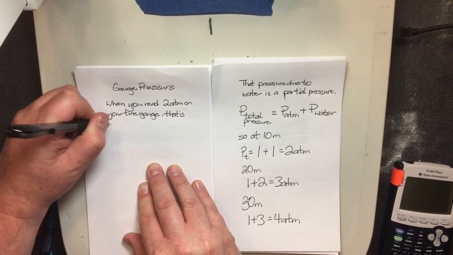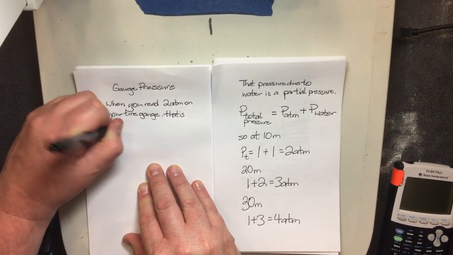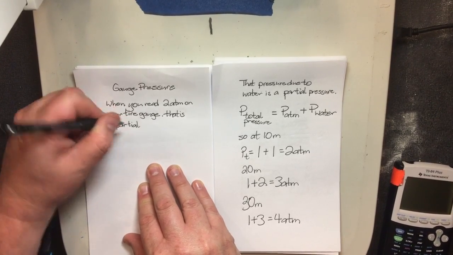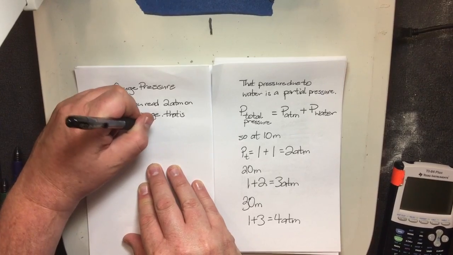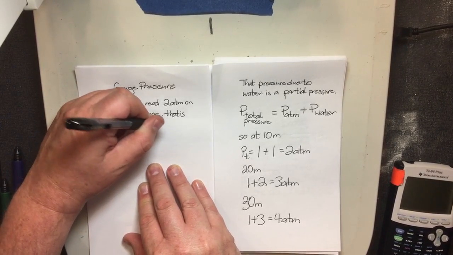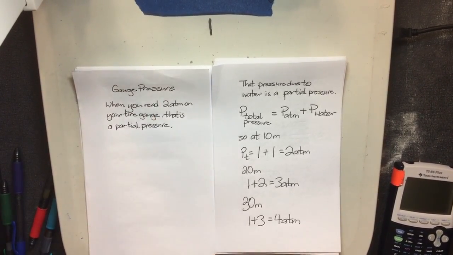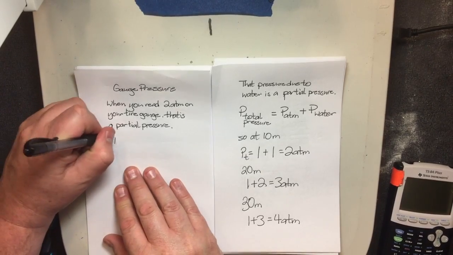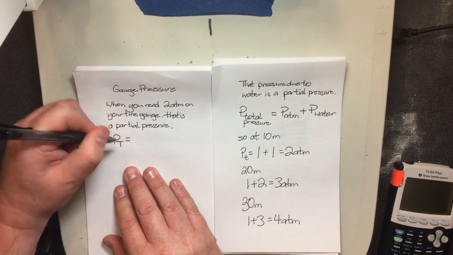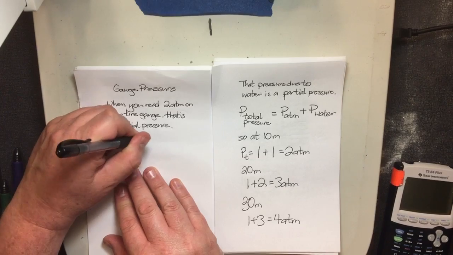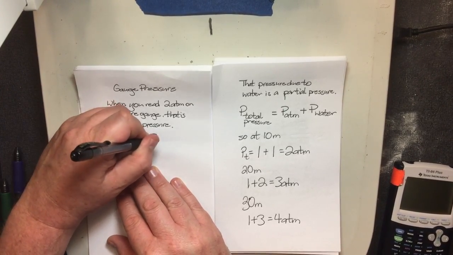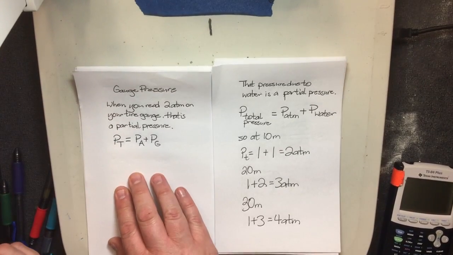That is a partial pressure. What the gauge is reading is the overpressure. The pressure of the tire that goes over your standard atmospheric pressure. So for a gauge pressure, the total pressure is the atmospheric pressure plus the gauge pressure.